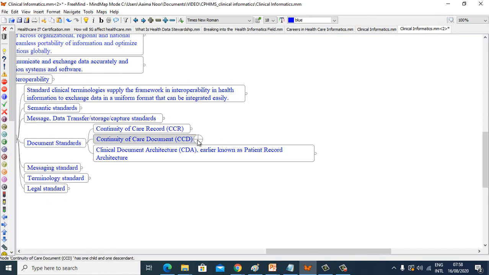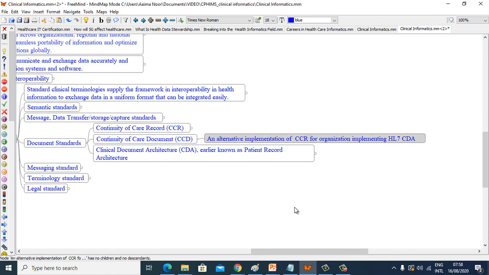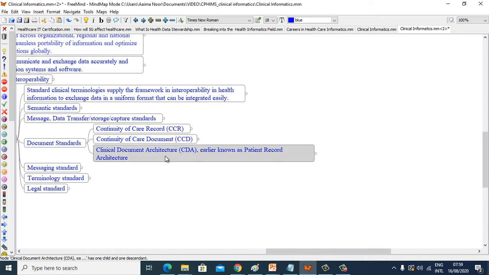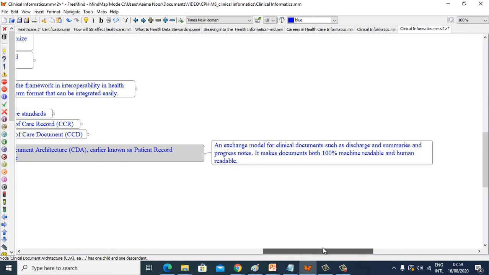Continuity of Care Document: an alternative implementation of CCR for organizations implementing HL7 CDA. Clinical Document Architecture, earlier known as Patient Record Architecture: an exchange model for clinical documents such as discharge summaries and progress notes. It makes documents both 100% machine readable and human readable.